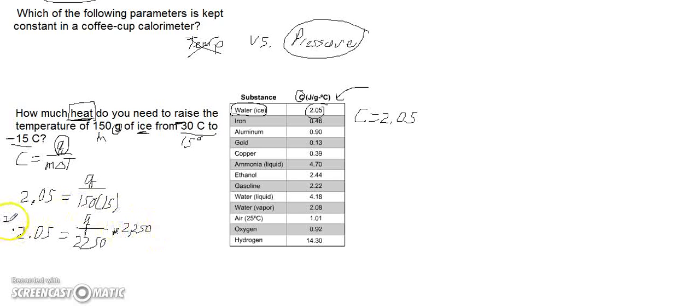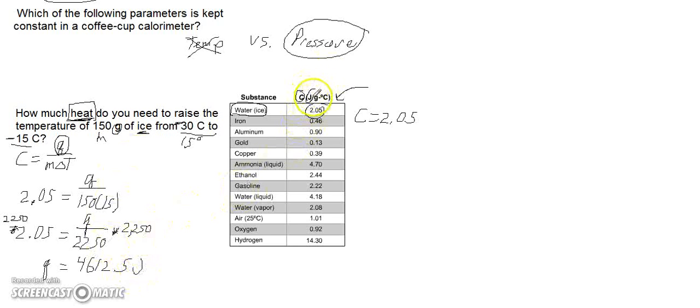And we get Q equals 4,612.5. However, there still is another step because this is in joules.